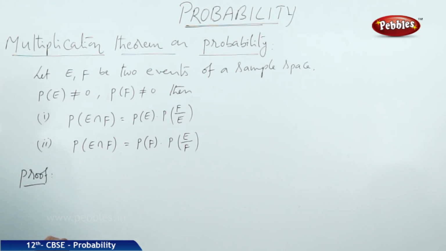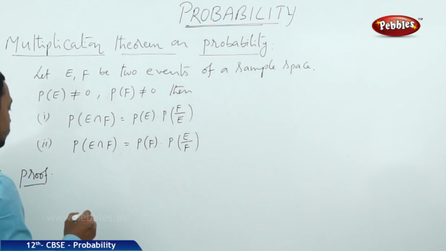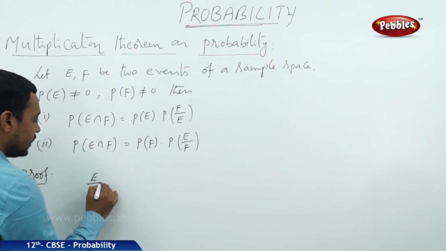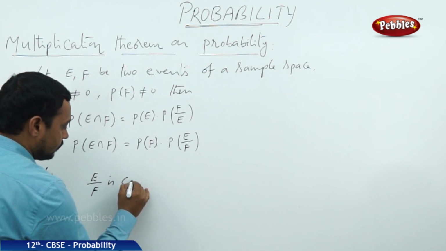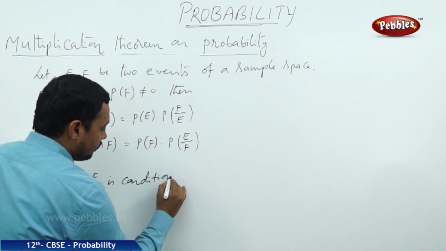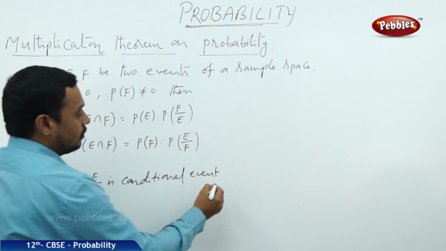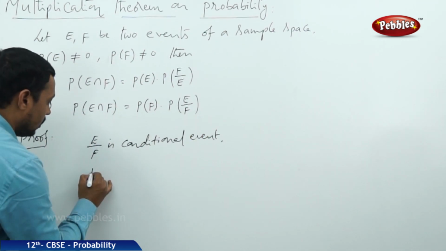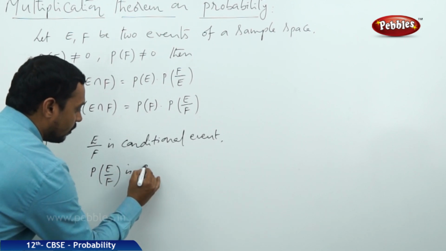Now already we have the definition for conditional probability. What is that? E by F is called a conditional event of the sample space S. And then the probability of E by F is called conditional probability.